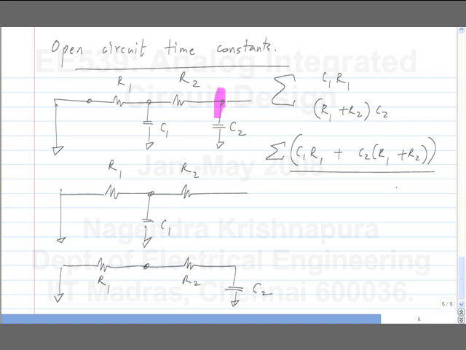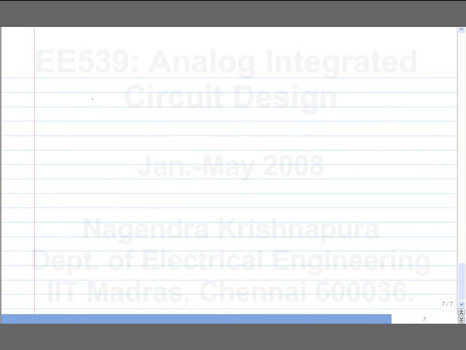Here the individual time constants are evaluated by open circuiting all capacitors except one, and by looking at the resistance across the capacitor and computing the time constants. Okay. So, I am curious to see what the result will be. So, let us evaluate the transfer function of this.